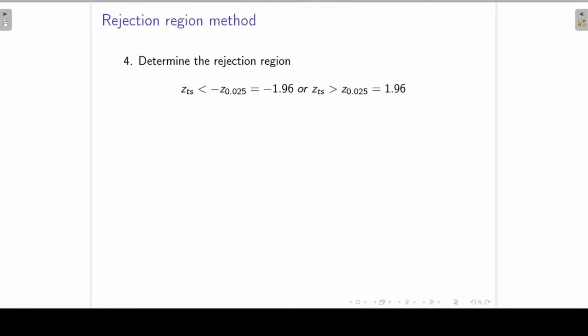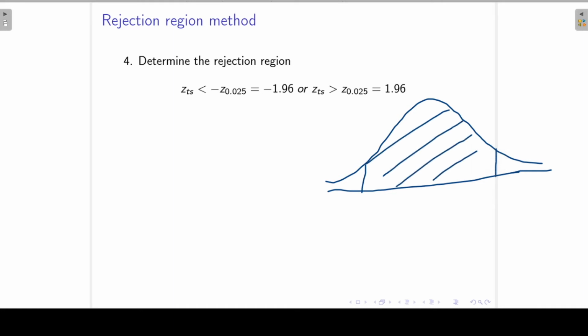Now in step 4, we want to find the rejection region. We are testing the two-sided alternative. So our rejection region will lie to the left and to the right. Now this area here in the middle should be 0.95, and the area to the left and to the right should add up to 0.05.